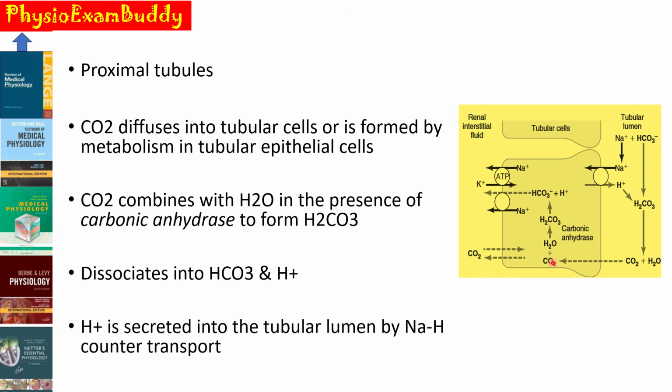So inside the cells, the carbon dioxide combines with water in the presence of the enzyme carbonic anhydrase to form H2CO3. This H2CO3 is a highly unstable compound, so soon it will dissociate into H plus as well as HCO3 minus. And this H plus will be secreted into the tubular lumen through the apical membrane by a counter transport mechanism, which is an example of secondary active transport, that is sodium hydrogen counter transport.